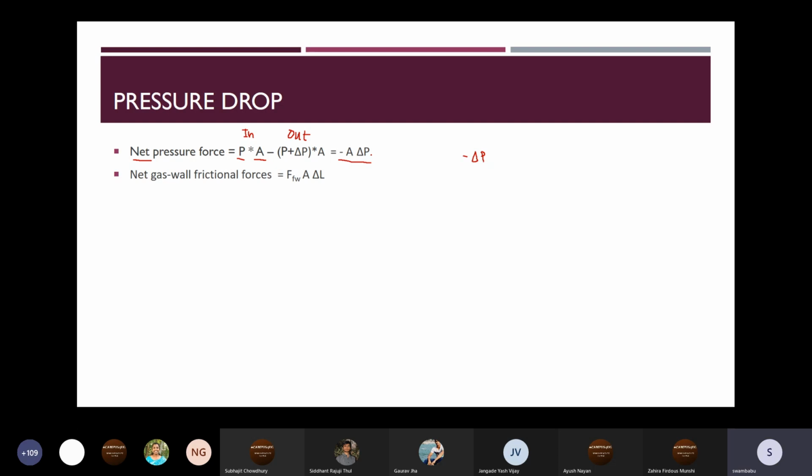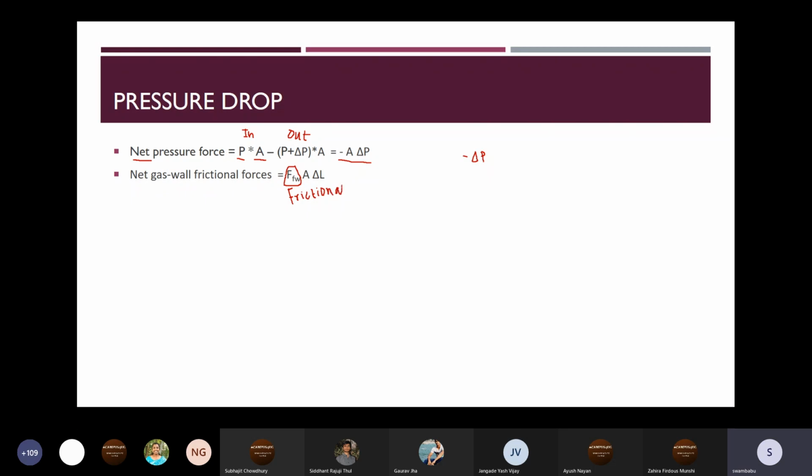Gas wall frictional forces. Here we have a term called FFW, frictional forces per unit volume. You will understand later in the fluid mechanics course how this term comes.